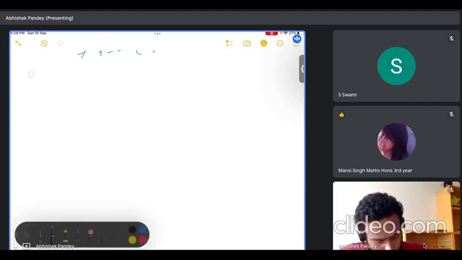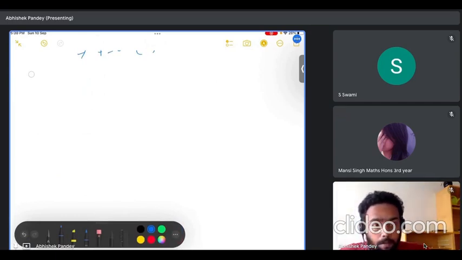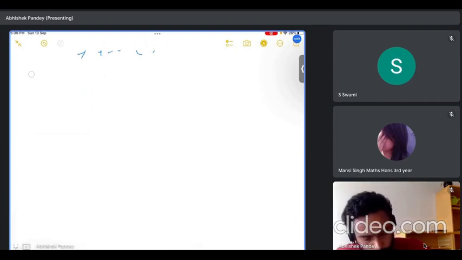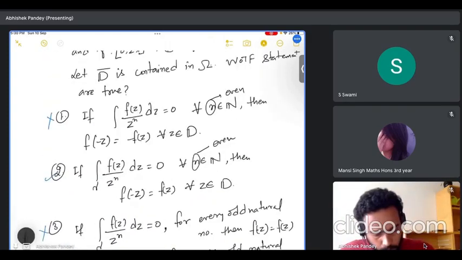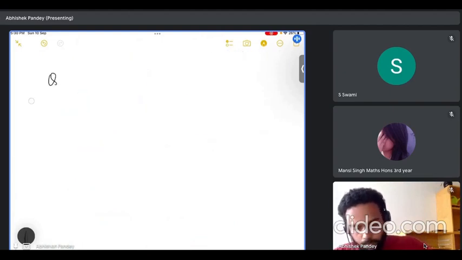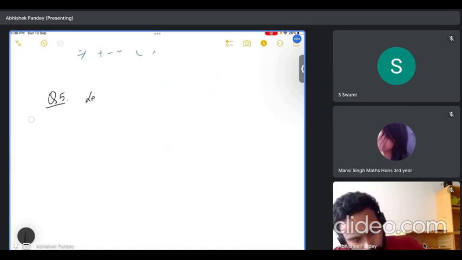So the next question is, I think this fifth one. This is question number 5. So let f equal u plus iv be an entire function.